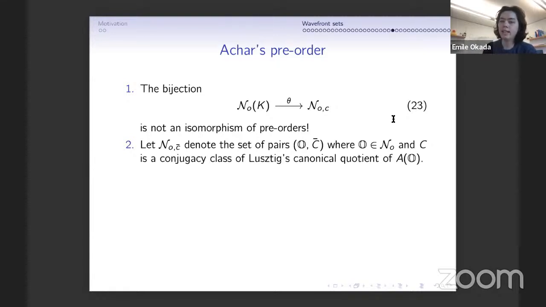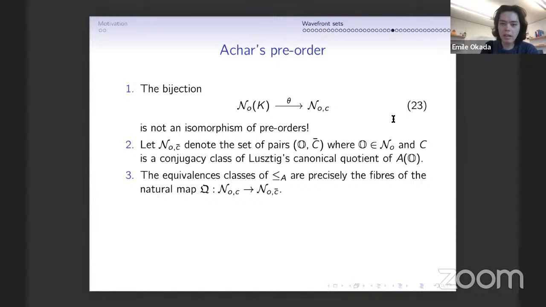But Sommers extends this definition to arbitrary orbits in any isogeny. Then in particular, what Achar shows is that the equivalence classes with respect to this pre-order are exactly the fibers of this map. So there's a natural map from NOC to NOC bar, just coming from the fact that the canonical quotient is a quotient of A(O), the component group. So if you have a conjugacy class of the component group, you certainly obtain a conjugacy class in the quotient.